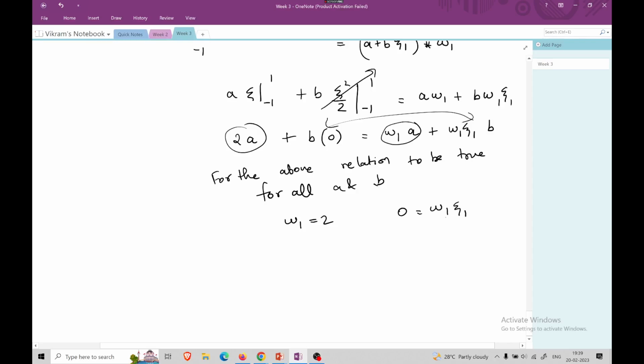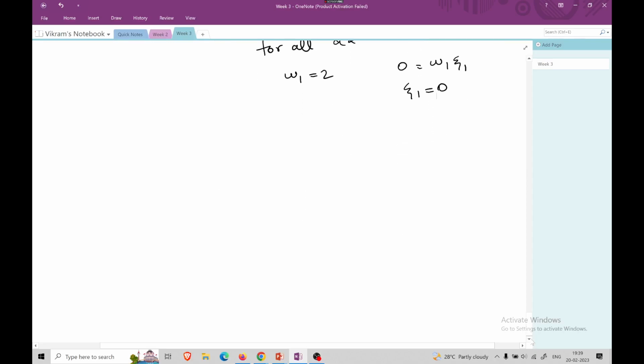So w1 is already 2, so eta 1 is 0. Which means the integral from minus 1 to 1 of f of eta d eta, for 1 point, is f of 0 into w1, where eta 1 is 0 and the weight is 2.